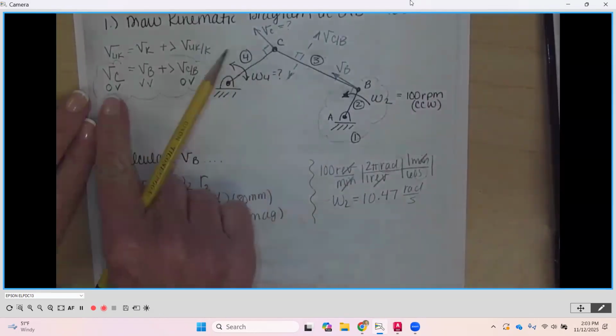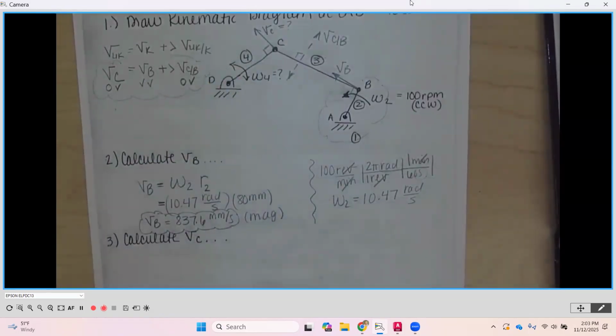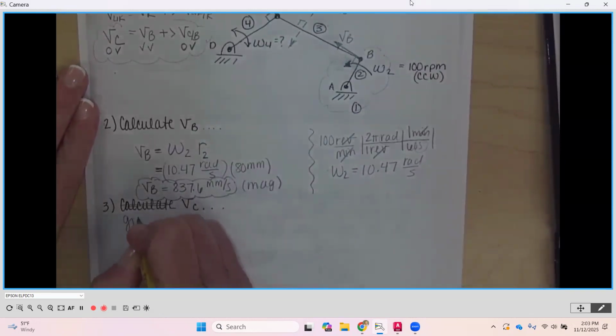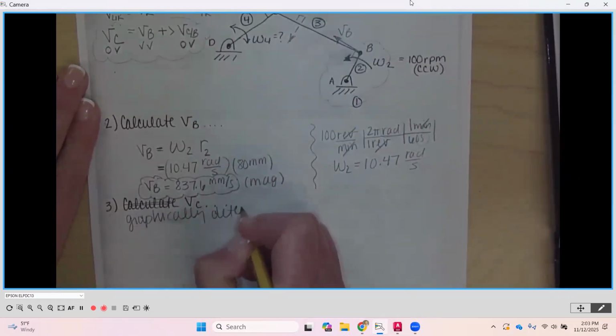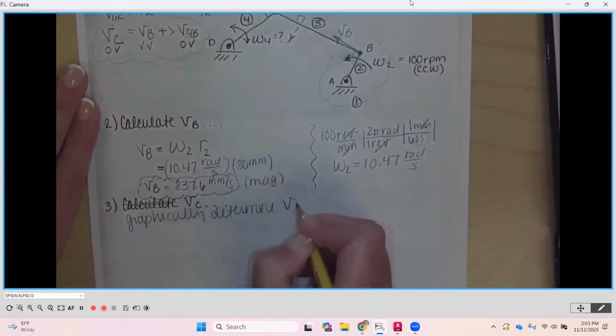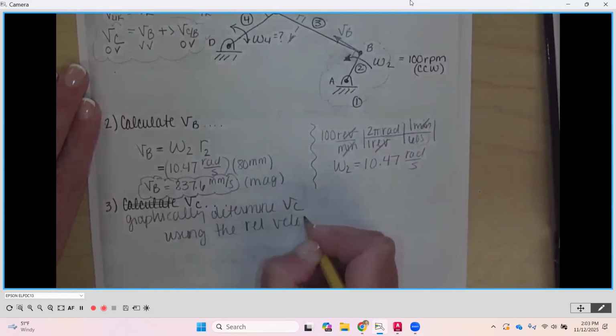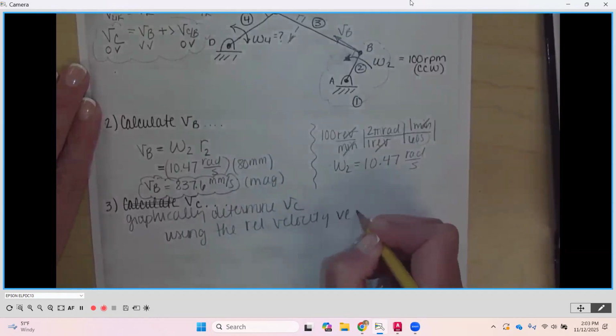So now we're ready to kind of take this to our vector equation. So down here for C, calculate. I'm going to cross that out. I'm going to say graphically determine VC using the relative velocity vector equation.